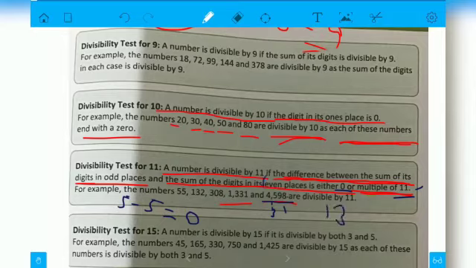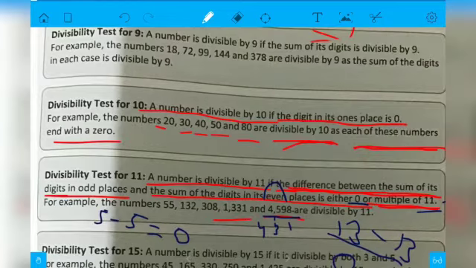And when you add the even placed digits, 9 and 4, 9 is at the second place and 4 is at the fourth place, so they are considered even placed digits. When you add these, you again get 13, and the difference will be 0. That is why this number is divisible by 11. So this is the property for the divisibility test of 11.